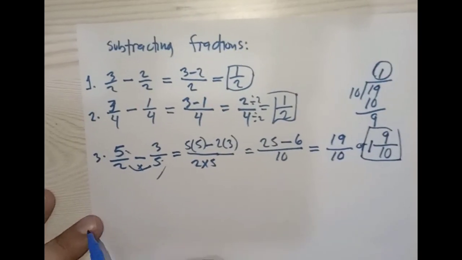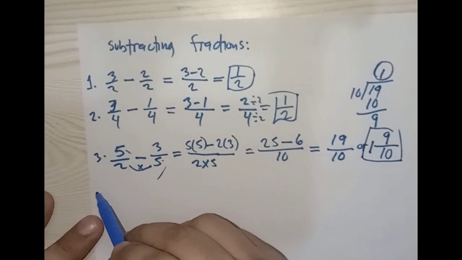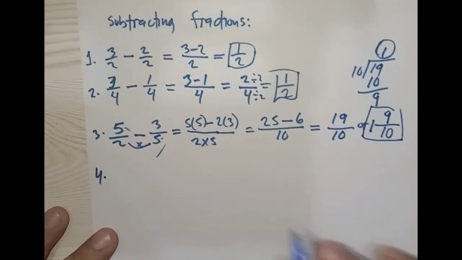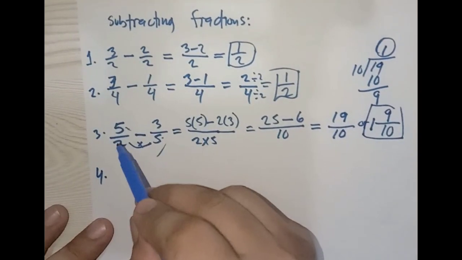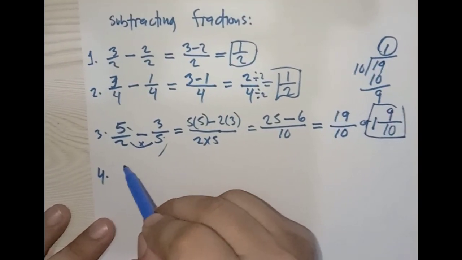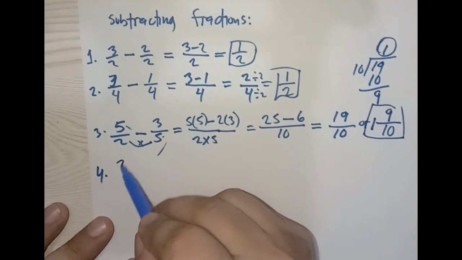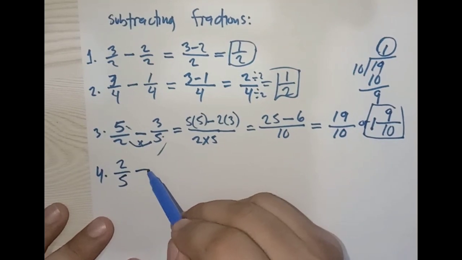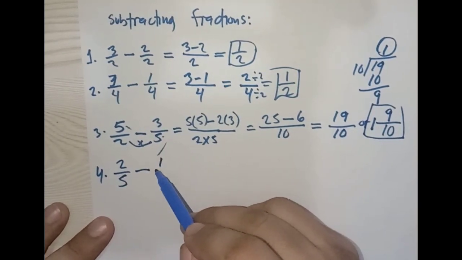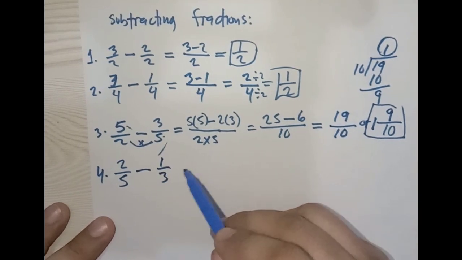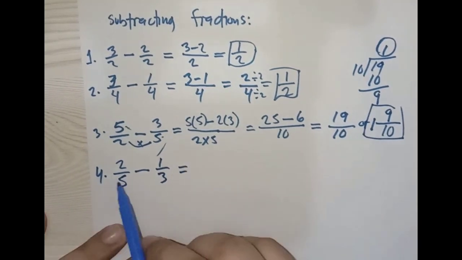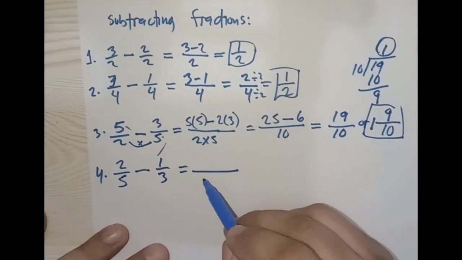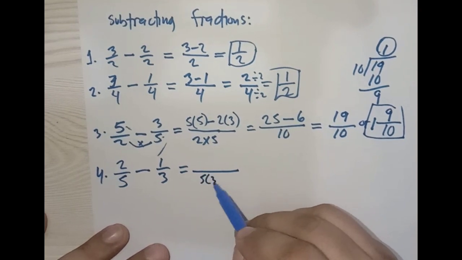Okay. So, next example, 2/5 minus 1/3. Okay. So, ganun din ang gagawin natin. Multiply natin yung denominator, 5 times 3.